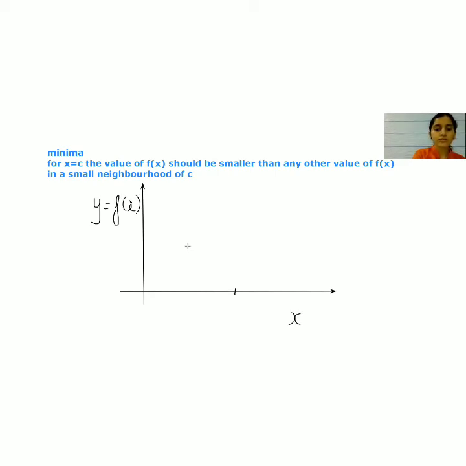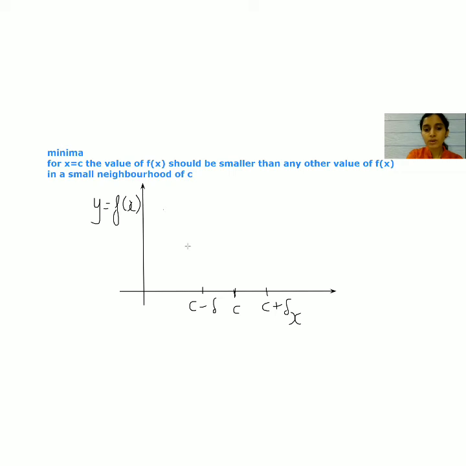Somewhere here, let's say we have c, here we can have c minus delta, a small change, and c plus delta. You can call them x1, x2 also, a, b also, any small change in c basically. Now what does it say? For x equal to c, the value of f of x should be smaller than any other value of f of x, right? In a small neighborhood of c. So in a small neighborhood of c means what?